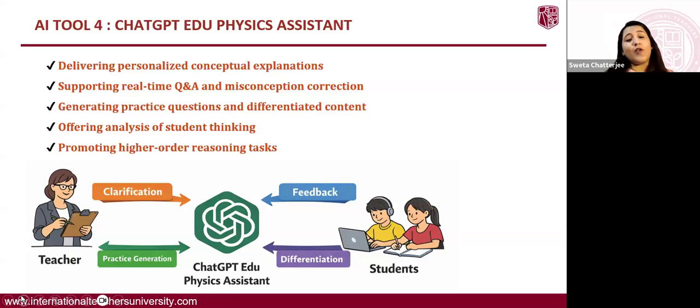All of you may say that it does all the thinking, so critical thinking is gone, but no, there are some special uses as well. It can deliver personalized conceptual explanations, adjusting language and depth based on a student level. If you give the proper prompt, it supports real-time question answers. Yes, helping clarify the misconceptions instantly during or after the class.